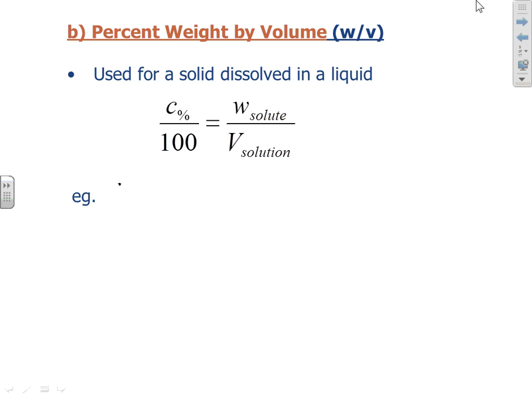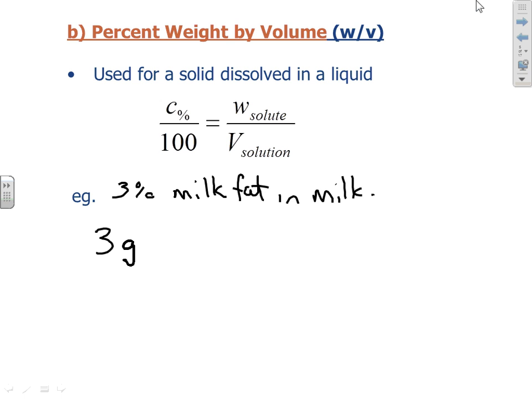So if we had 3% milk fat in milk, that's typically represented as a weight by volume. And that would mean 3 grams of milk fat would be found per 100 milliliters of milk. Okay?